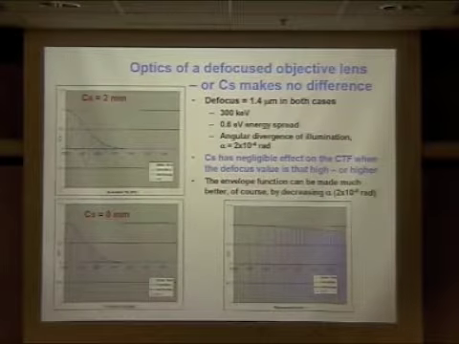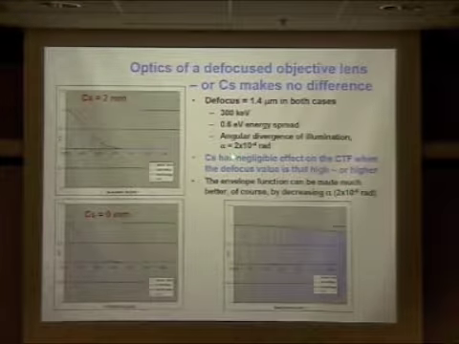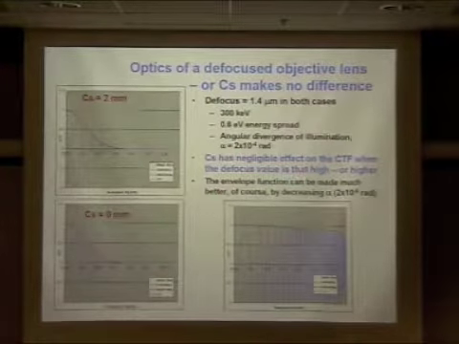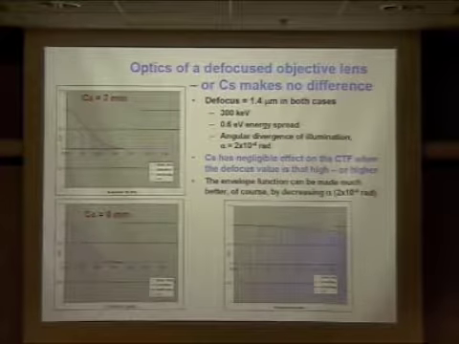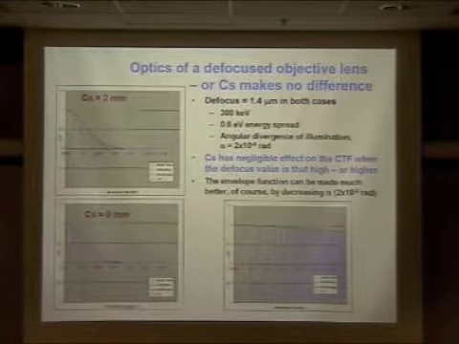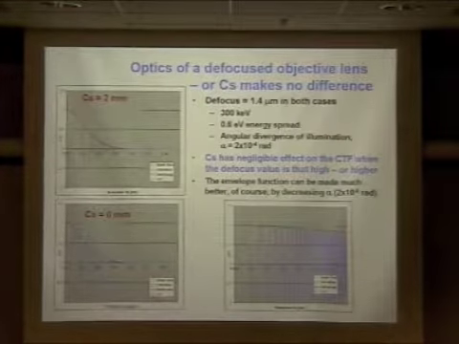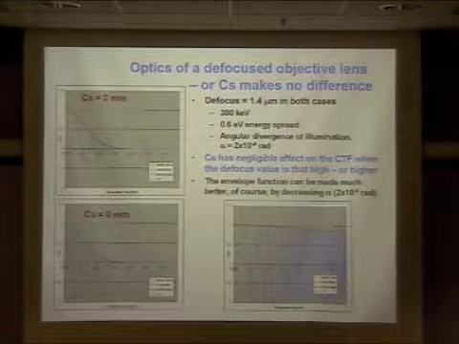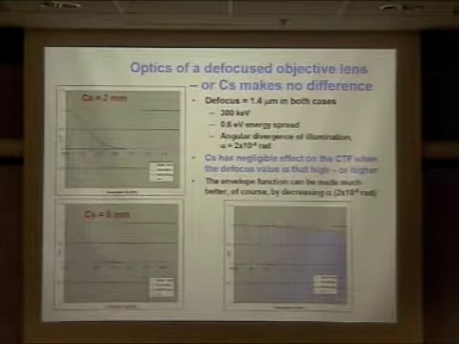If you make the illumination angle alpha not 2 times 10 to the minus 4, but 2 times 10 to the minus 5, then the envelope is pretty good. Of course, the CC, the chromatic aberration envelope, or the temporal coherence envelope, doesn't care at all how parallel the illumination is, but the spatial coherence envelope is very, very sensitive.